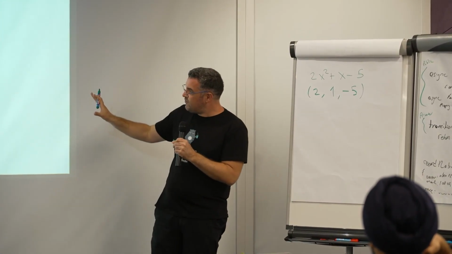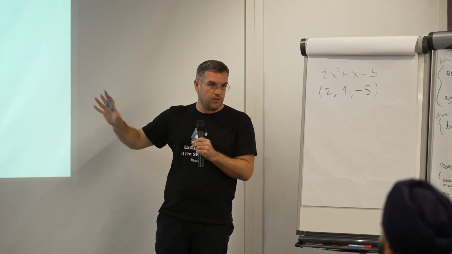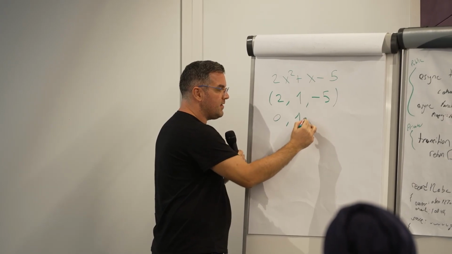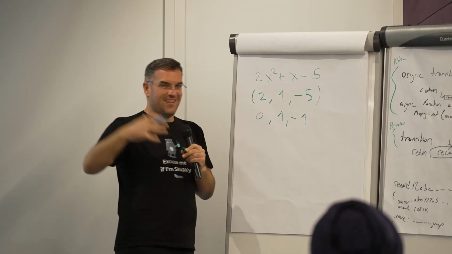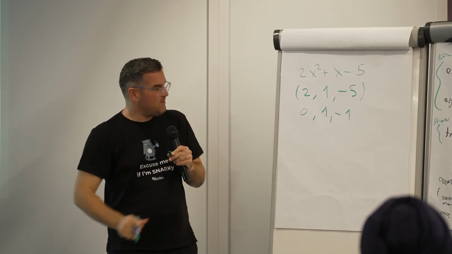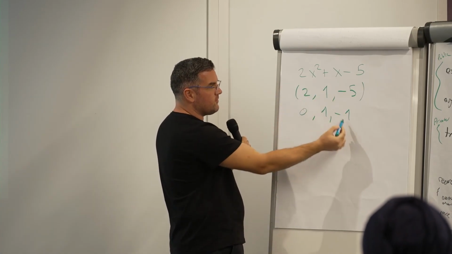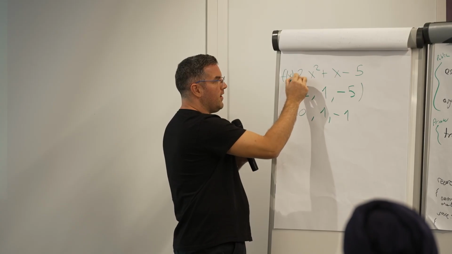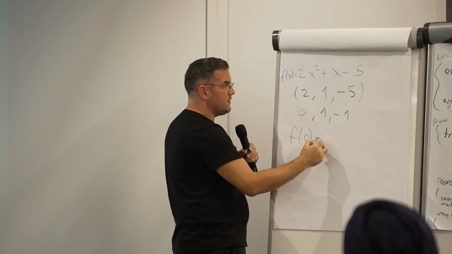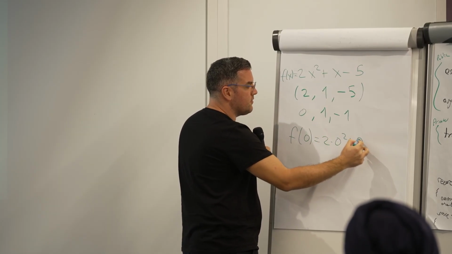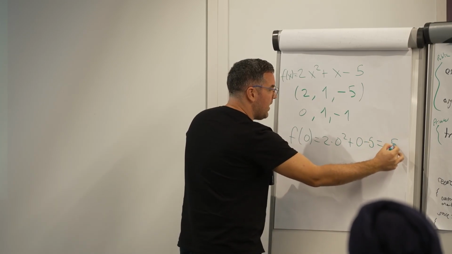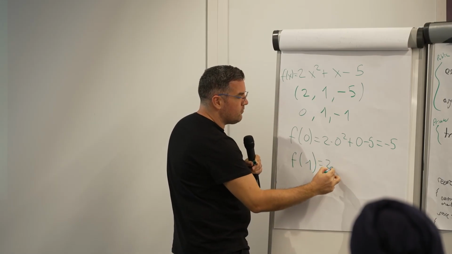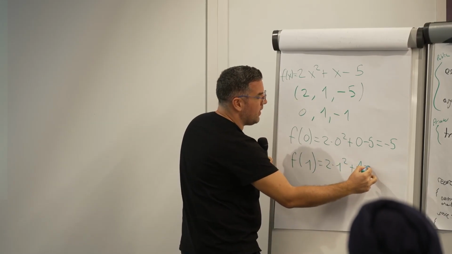If you want the evaluation form, you have to fix evaluation points. Those are predetermined. You could just take 0, 1, and minus 1. We don't want to evaluate big things, at least not on the whiteboard. So you would just substitute those values into the polynomial. If this is your polynomial f of x, f of 0 is equal to 2 times 0 squared plus 0 minus 5, which gives you minus 5. If you look at the value at 1, you get 2 times 1 squared plus 1 minus 5.